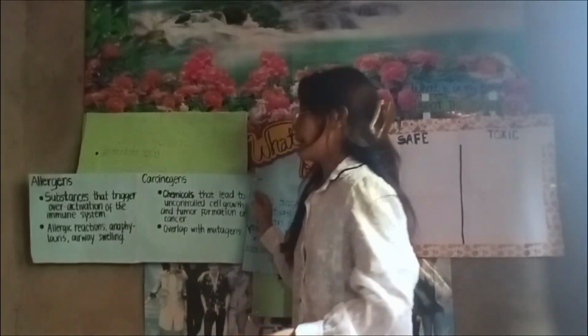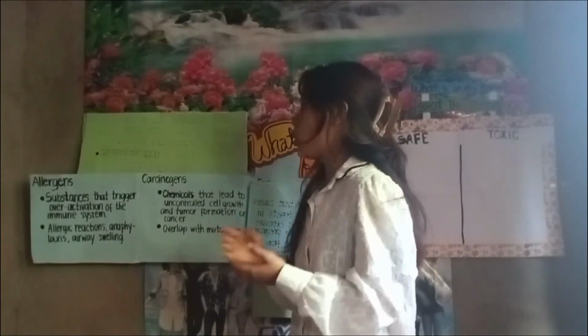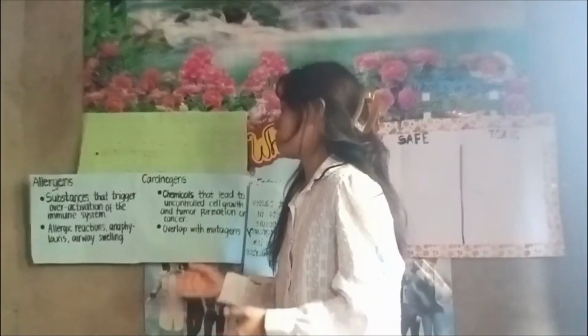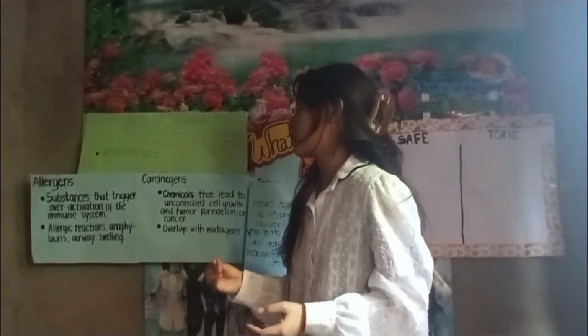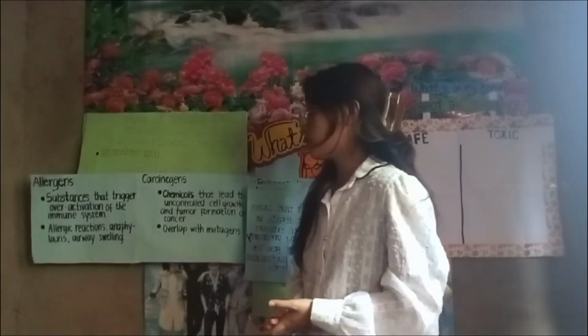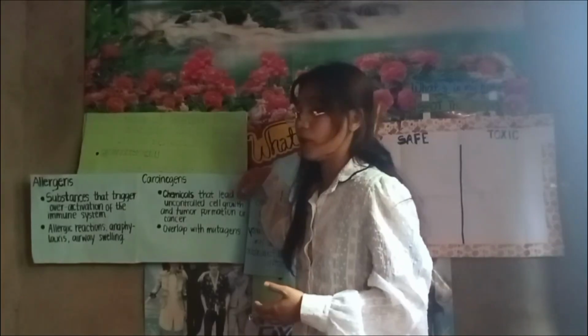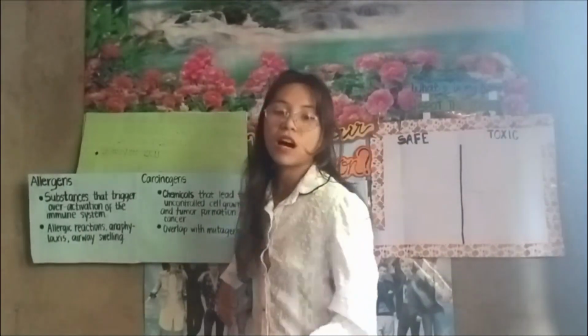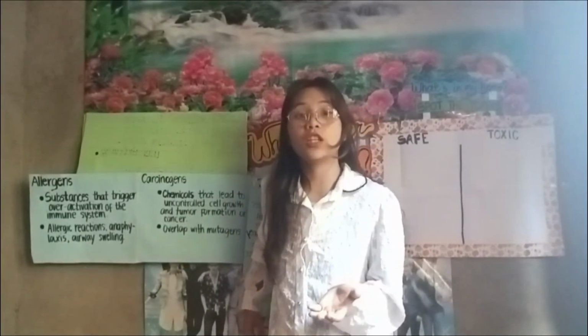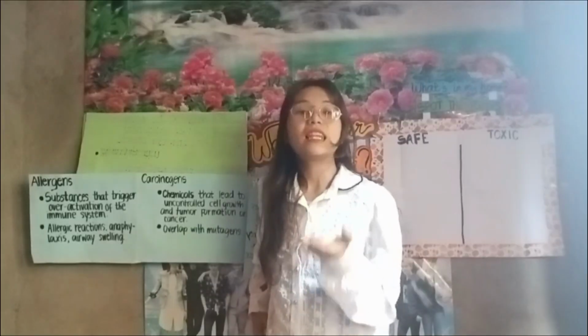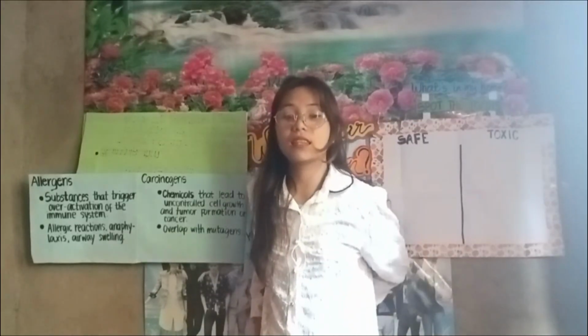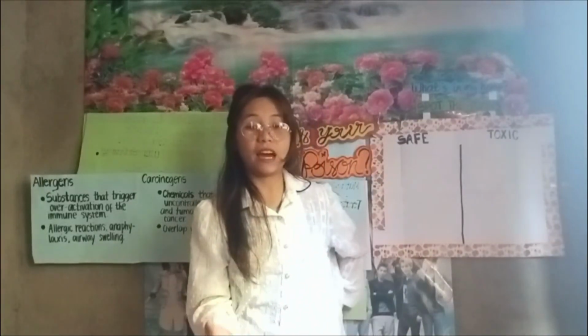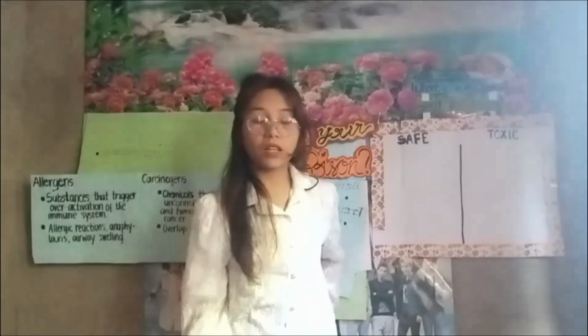Okay, our first toxin is allergen. It is a substance that triggers overactivation of the immune system, and its health effects are allergic reactions, anaphylaxis, and airway swelling. Allergens are not technically considered common toxins. Rather, they are typically harmless substances that the immune system mistakenly identifies as a threat, similar to a toxin.